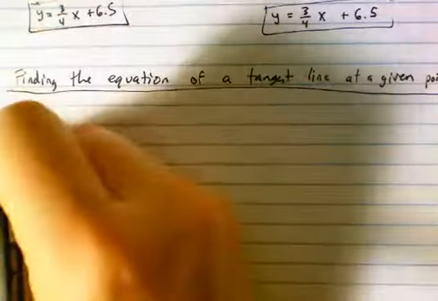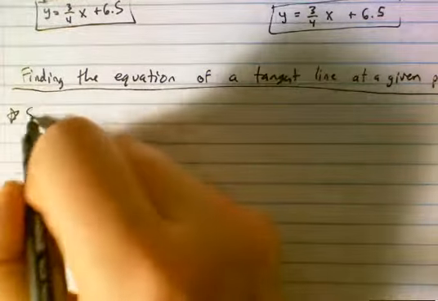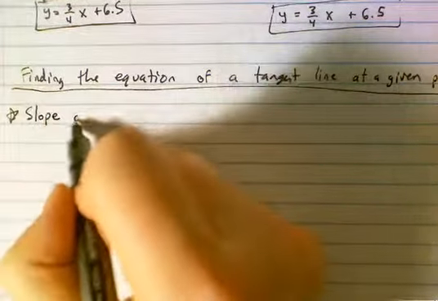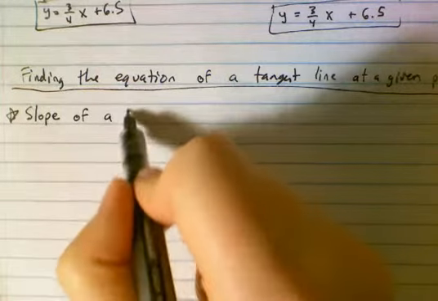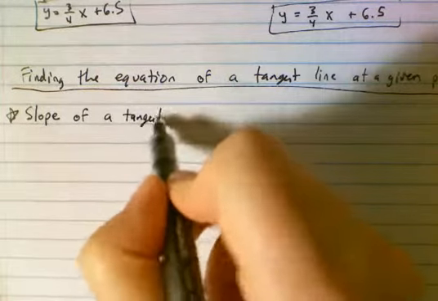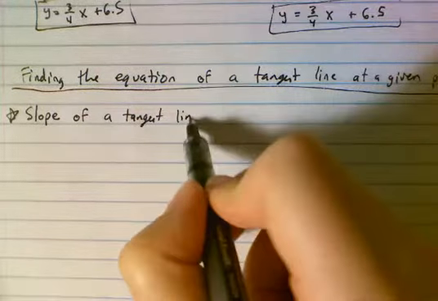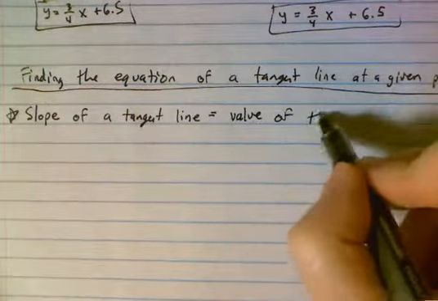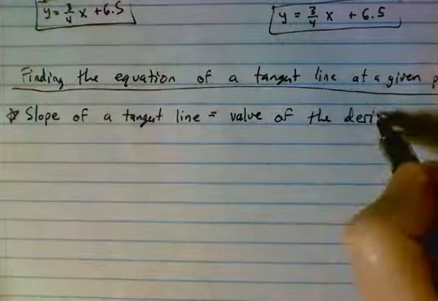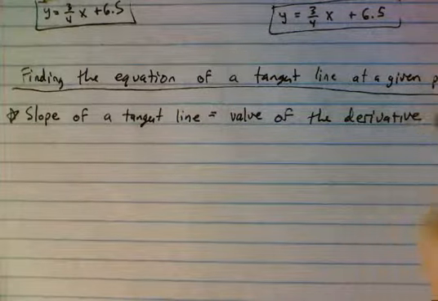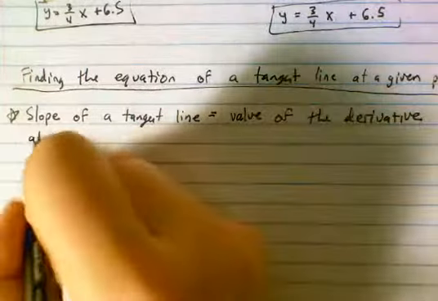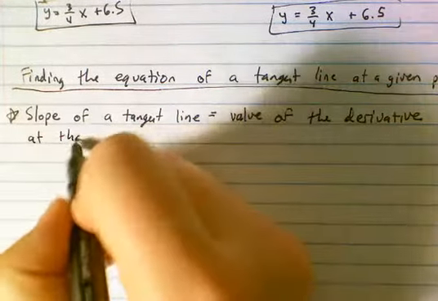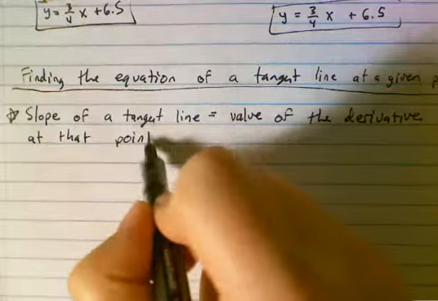So here's the number one thing to know. The slope of a tangent line is the value of the derivative at that point.